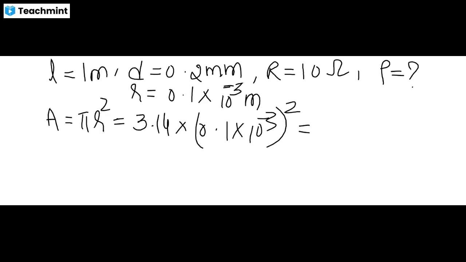3.14 into 10 to the power minus 2. Here, within the brackets, you have 0.1 into 10 to the power minus 3, so this total you can take as 10 to the power minus 4. Minus 4 squared gives minus 8.